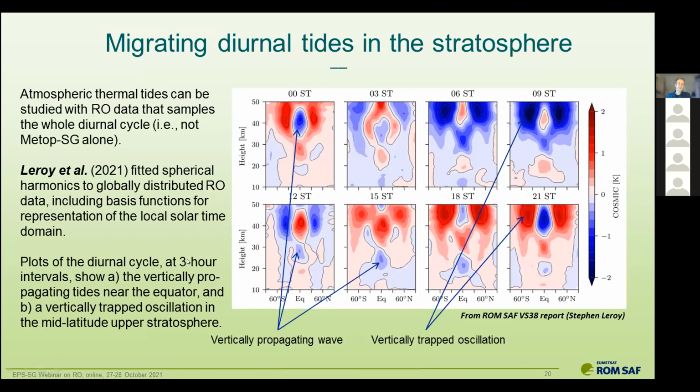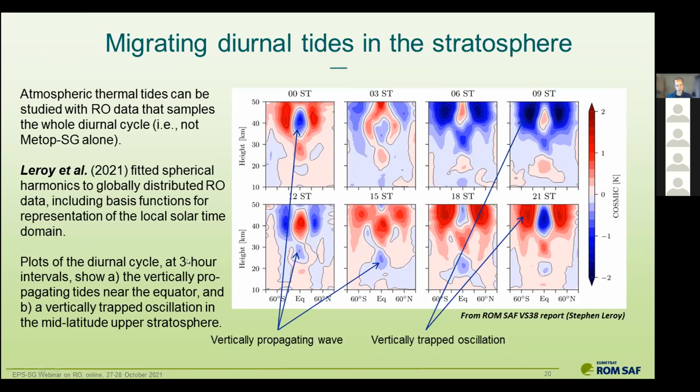The tide that moves with the sun is called migrating diurnal tides, and it's a bit interesting. I did work here together with Stephen Leroy.